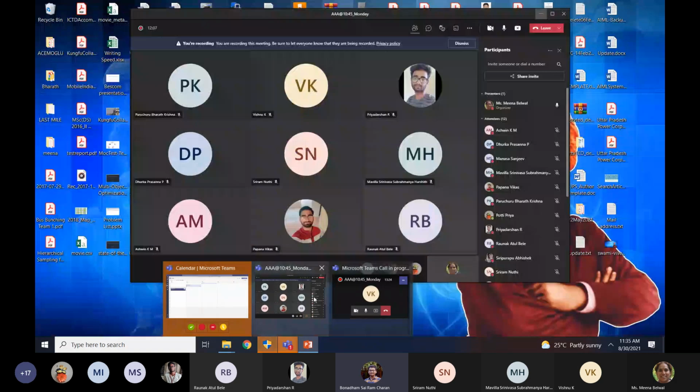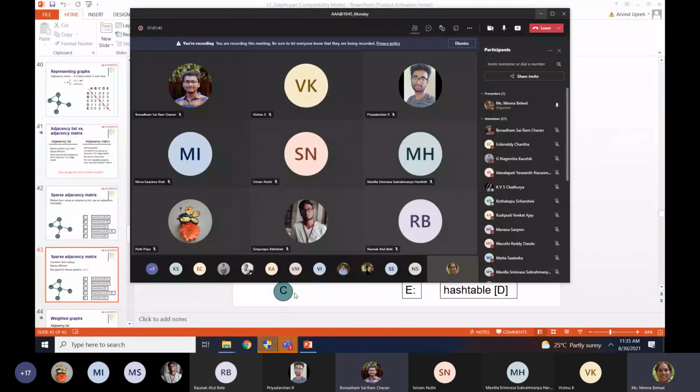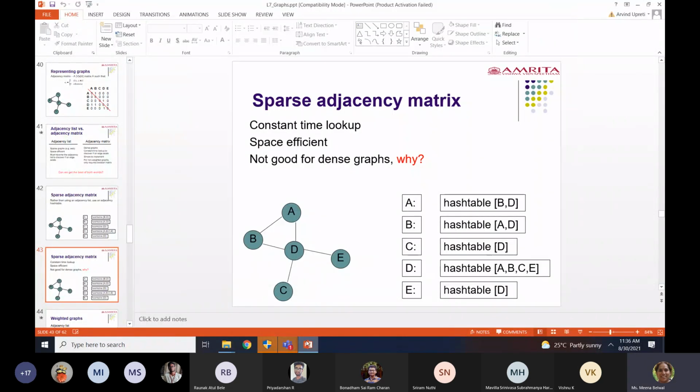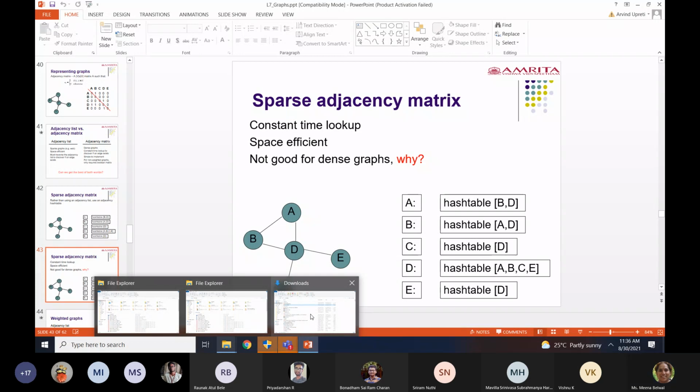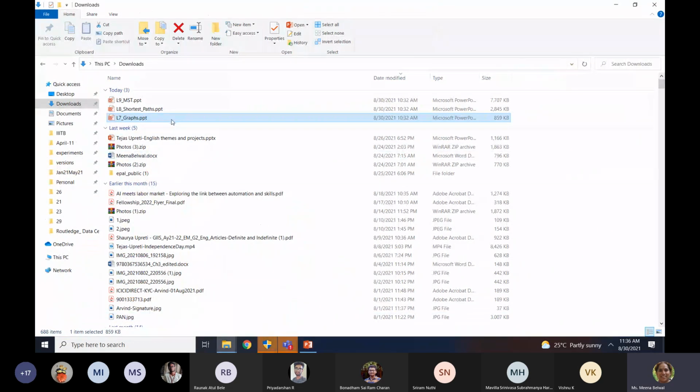Ma'am, can you share the syllabus for the mid? I have not shared. I think I have shared. No, I have already shared, students. So L7 and L8, till L8, lecture 8. I think I had told for L7 previously. So let us keep it till L8, students, or else let us see.